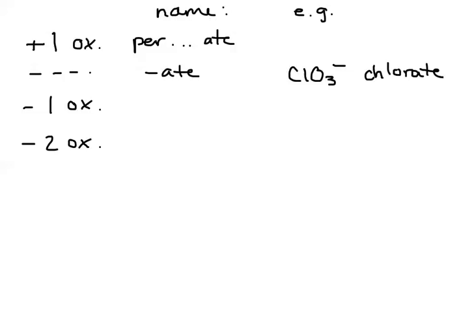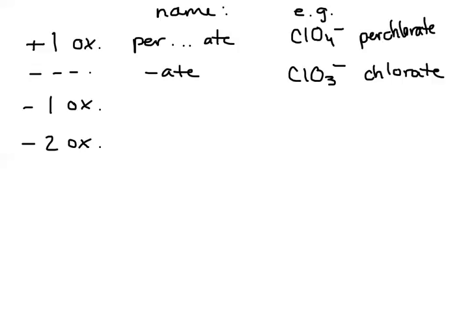So what is ClO4 minus? Based on that rule, what is ClO4 minus? I added 1 oxygen, so it becomes perchlorate. All I did was add per because I added 1 oxygen to chlorate.